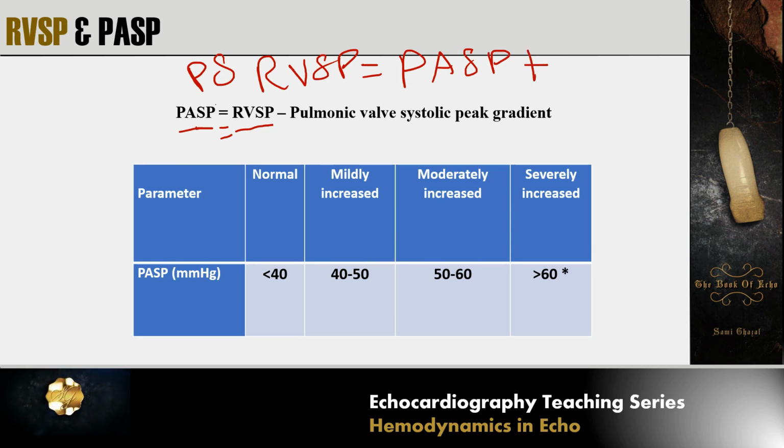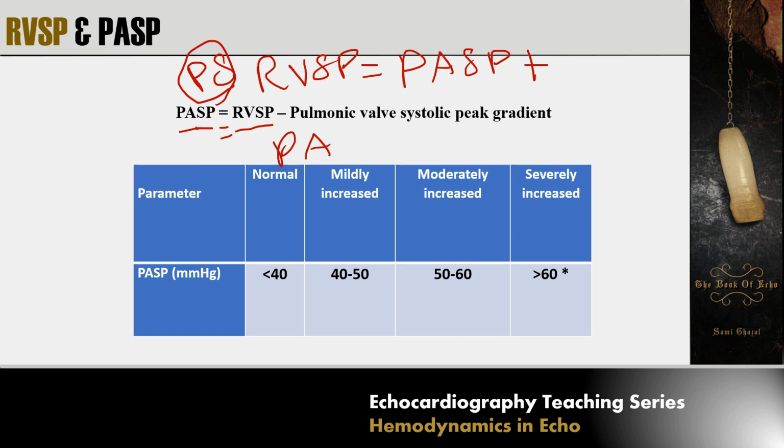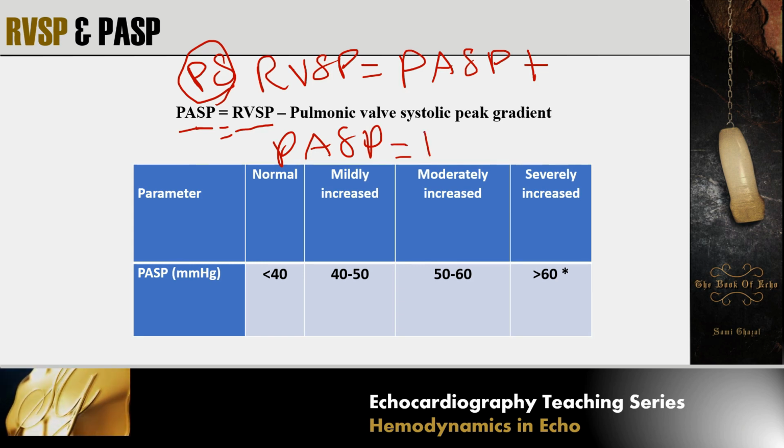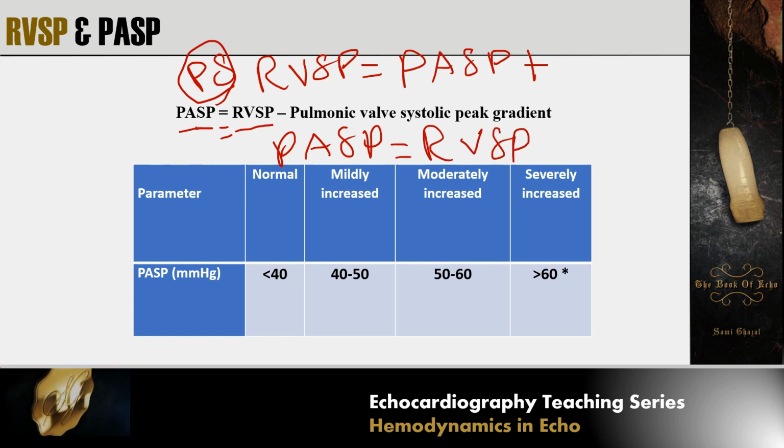So we have to utilize the pressure gradient. If we need to calculate pulmonary artery systolic pressure from RVSP in case of pulmonic stenosis, it will equal RVSP minus the PS peak pressure gradient between them.